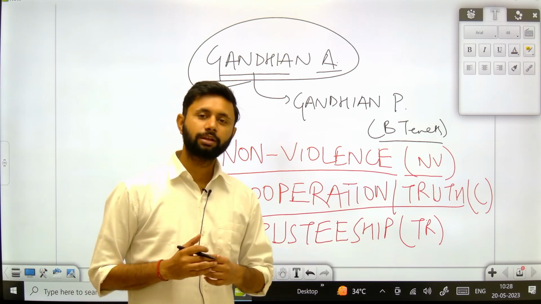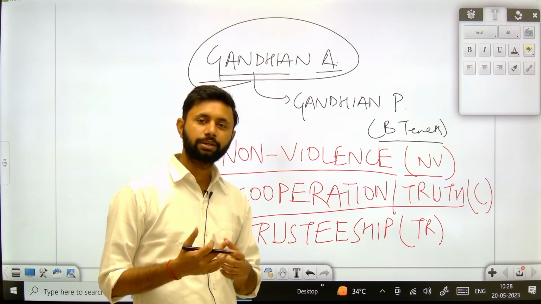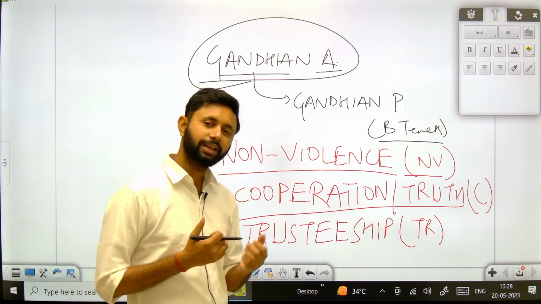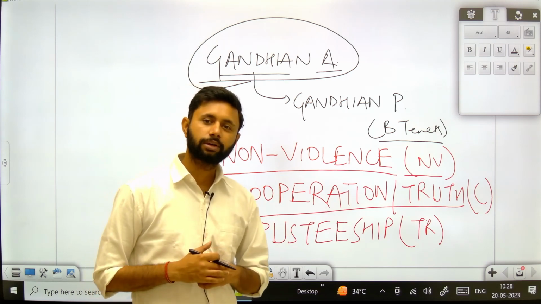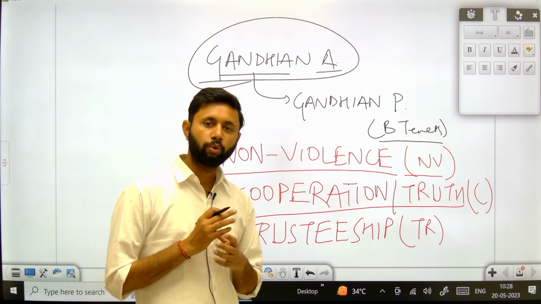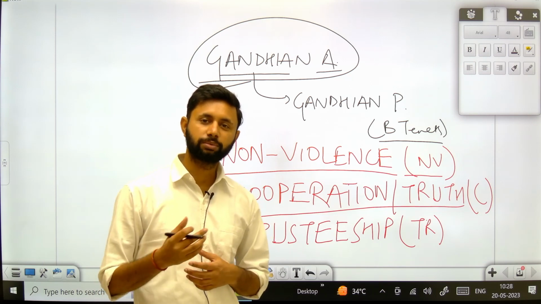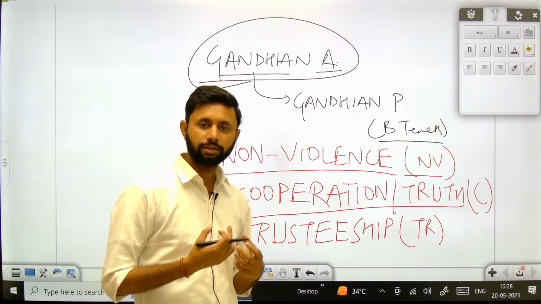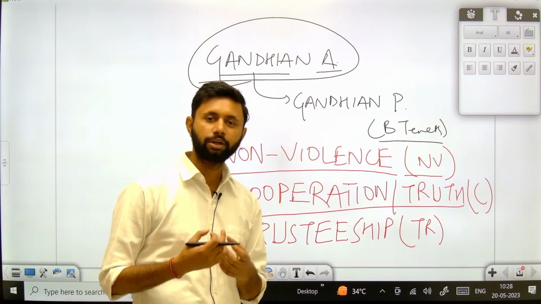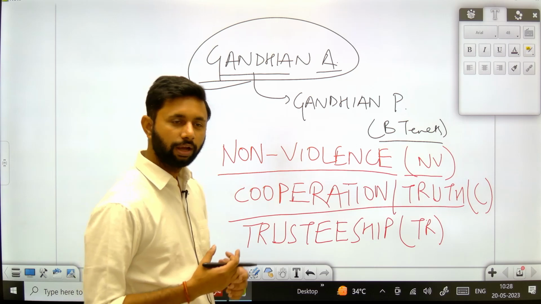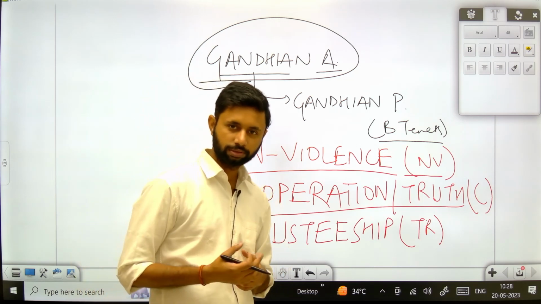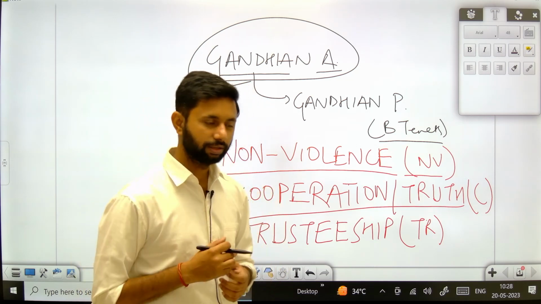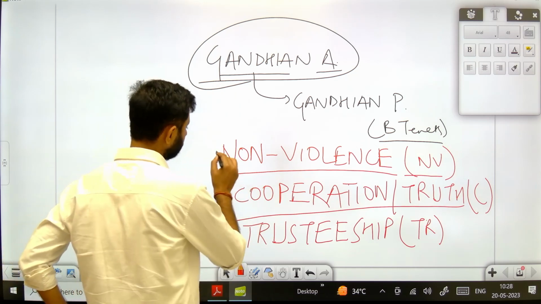Trusteeship, Gandhi says that the capitalists who are gaining wealth on account of workers' work should not hold all the money. They should distribute that money because they are just the trustee of the society's wealth. They should distribute that money to contribute to society and to improve the conditions of the workers, the employees, through which they are getting their profit. Okay, so these three things are there.